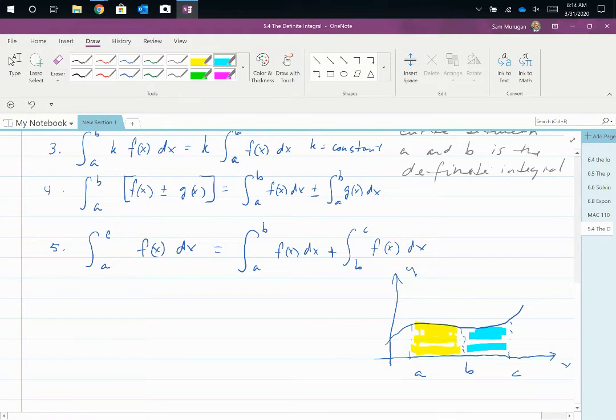Okay, so this part here is b to c, and this part is a to b.